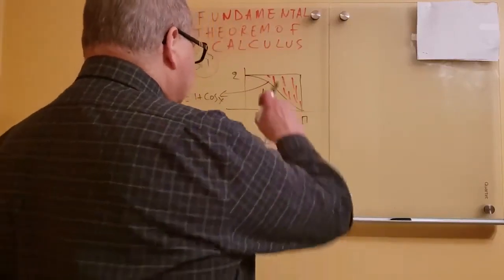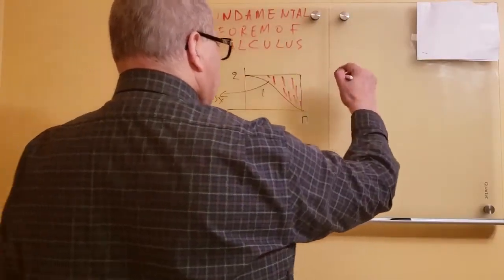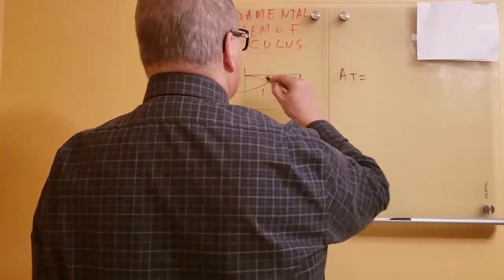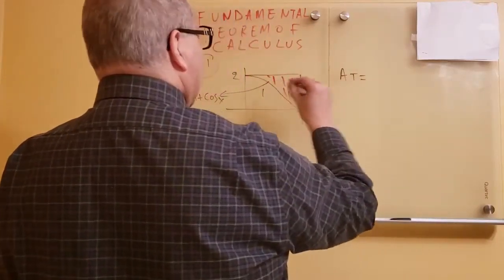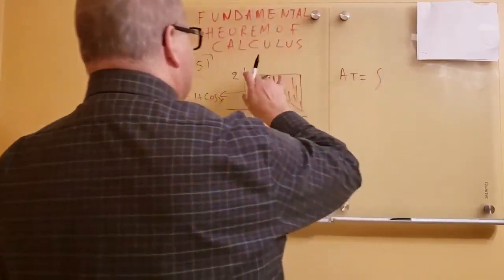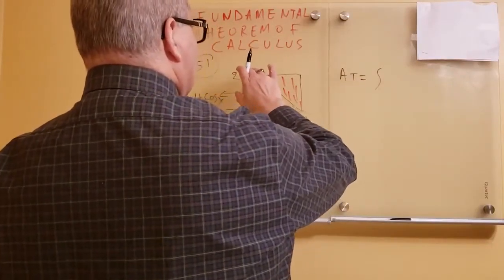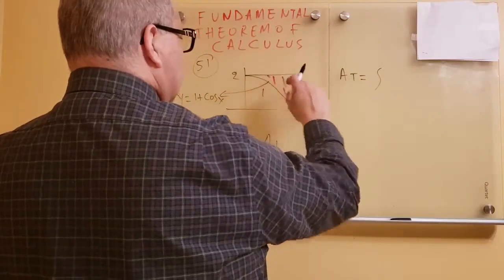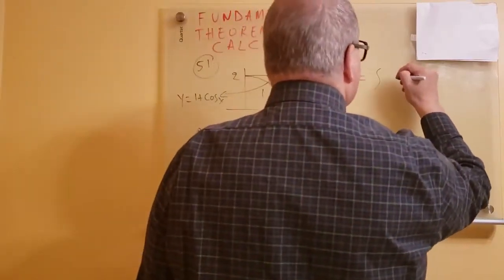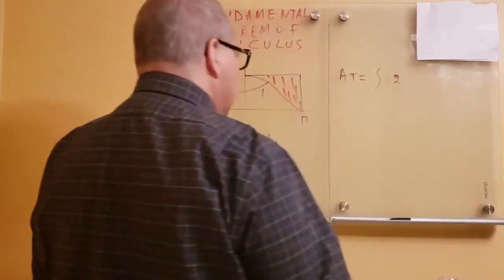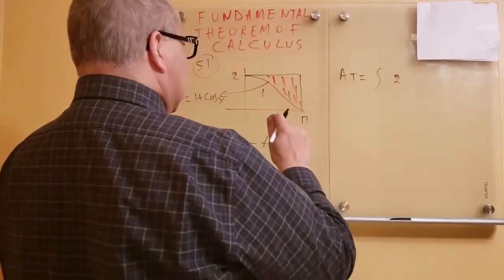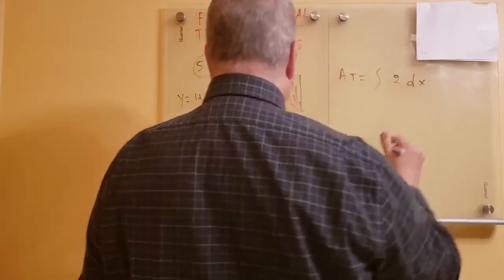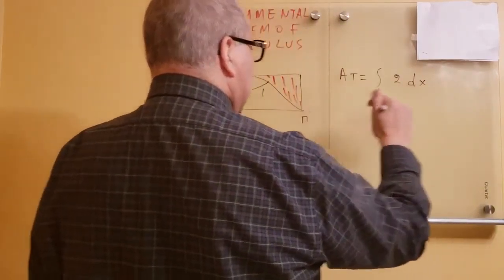So that means that for the total area, A total has to be equal with, what's the function that has this here as a graph? It is the function y equals 2, which is a constant function, and you have to take this integral with respect to x, and the limits are from 0 to pi.